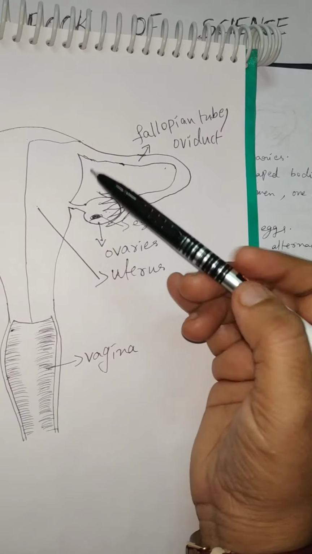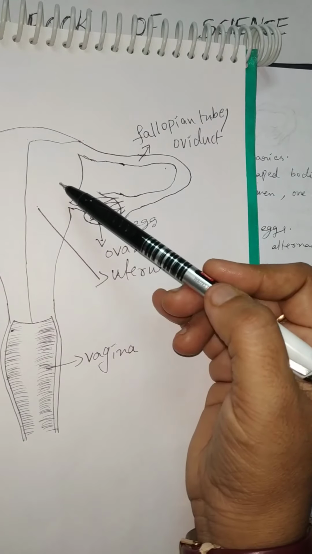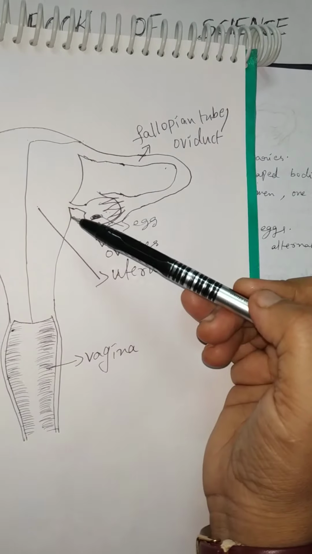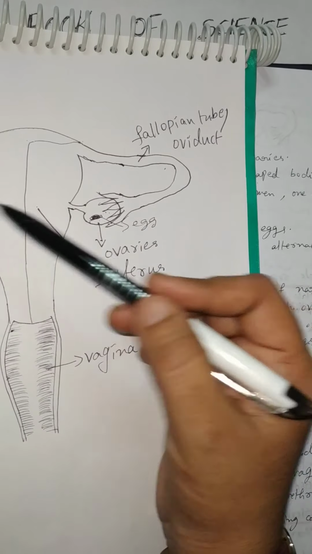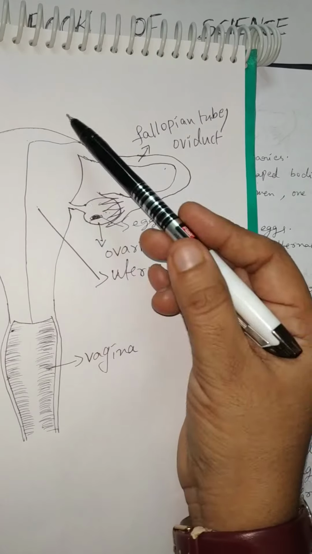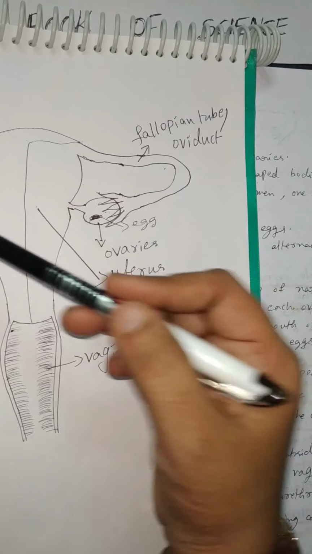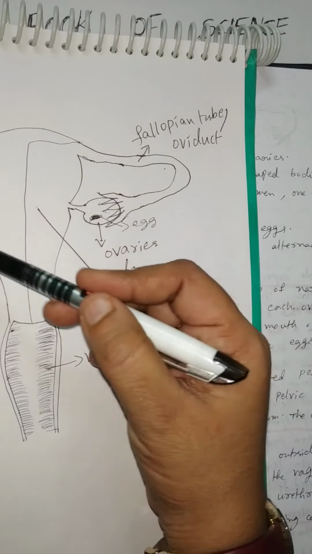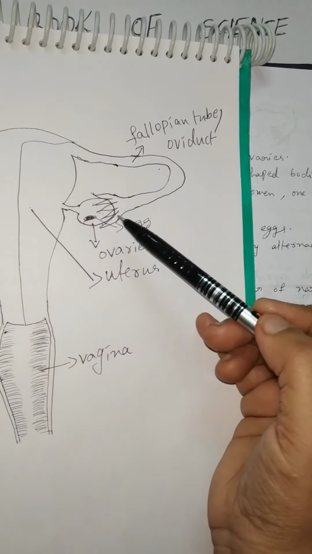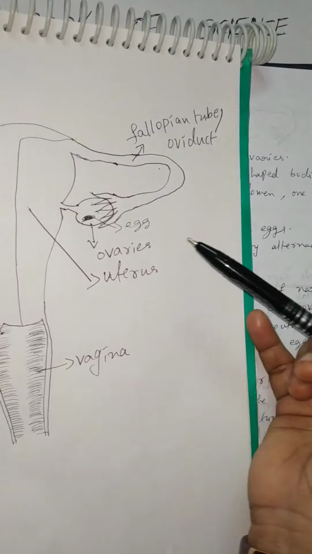It is in the lower abdomen, on either side of the uterus. It is whitish in color and oval shaped. This is the description of the ovaries.